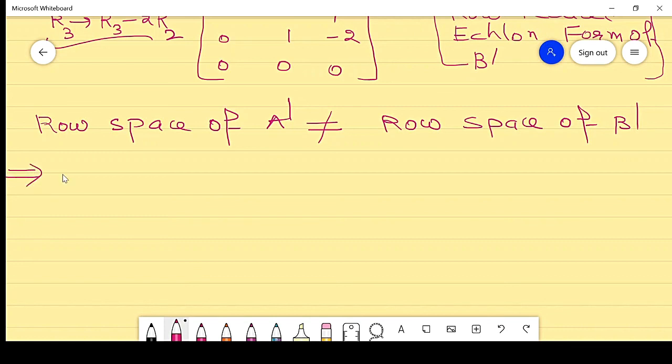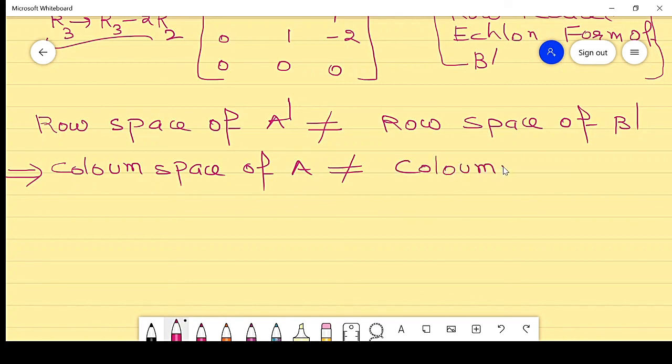It implies the row space of A dash, which is basically the column space of A, is not equal to the column space of B. So in this question we find that the column space of A is not equal to the column space of B. So that is our result.